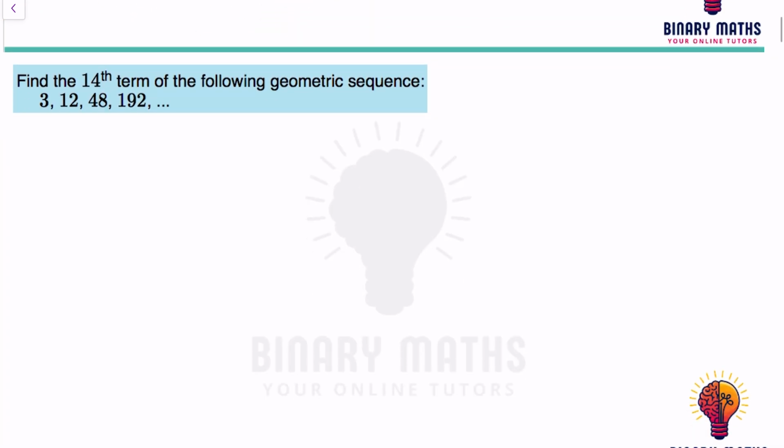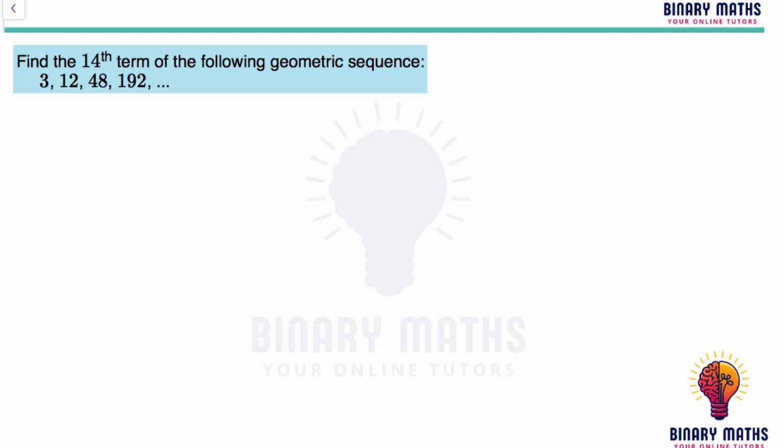So the two ways of defining this geometric sequence. Okay, let's go through some examples now. Find the 14th term of the following geometric sequence: 3, 12, 48, 192. So I can see I'm multiplying by 4 to get the next term. So in this sequence, A is equal to 3. The common ratio is 4. N is equal to 14 because we're trying to find the 14th term.